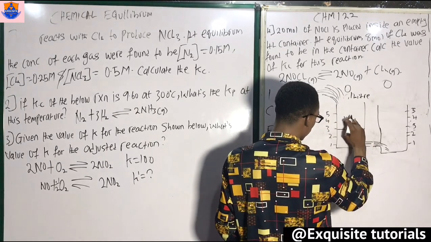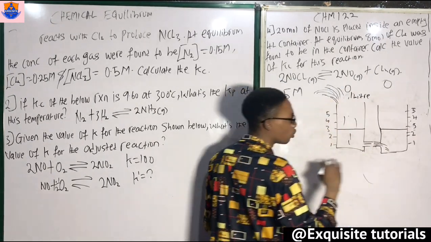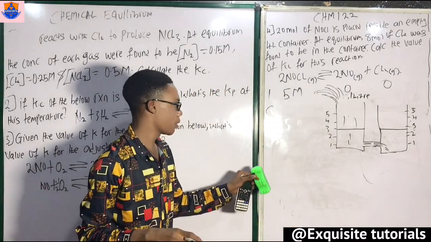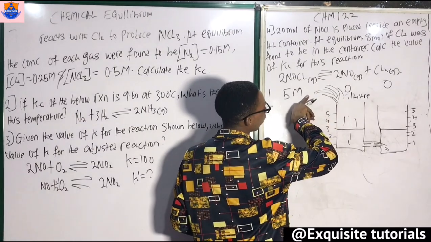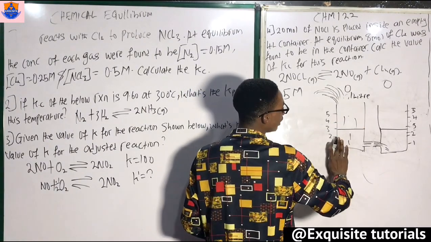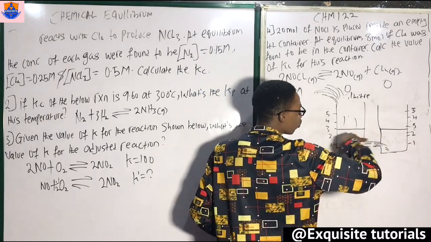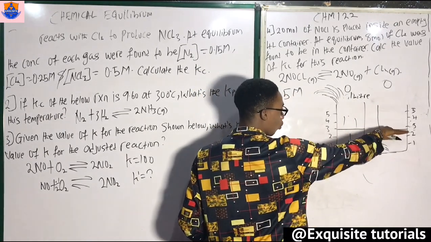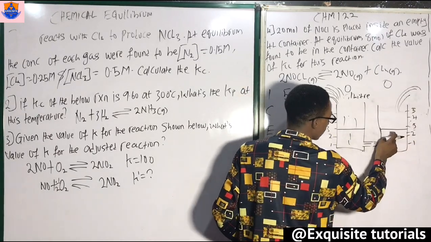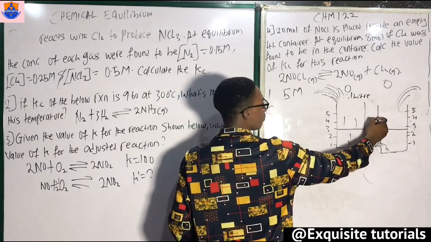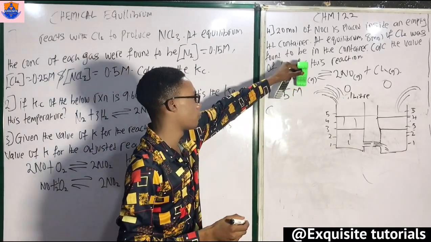It will go down to the same point. They will always be equal. So if extra water is poured, this will give to the other side to make them equal. Likewise, if water is poured into this part, it will give to this side, so that they will be at an equilibrium position. So this is what this equation is trying to talk about.